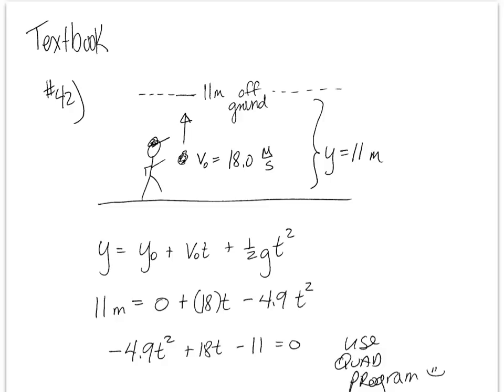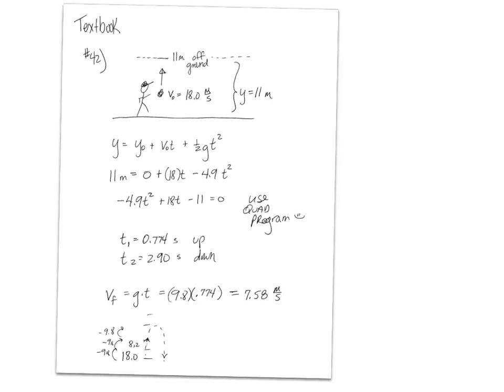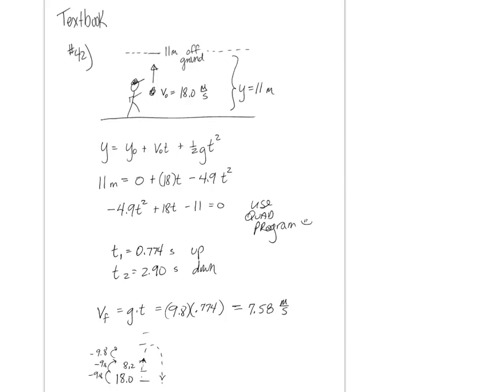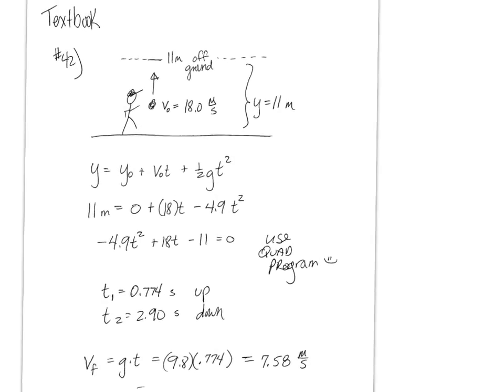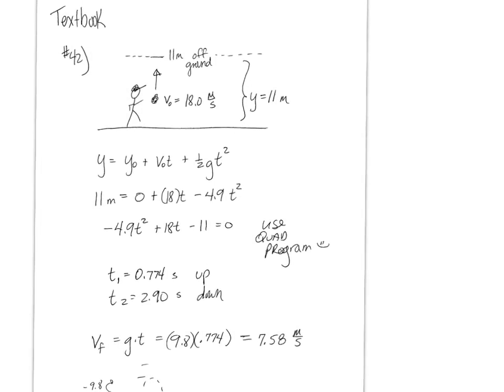Now we're on to the textbook problems. If you want to go ahead and get out your textbook, you can see that number 42 in your textbook is very much like the toilet paper problem that you just solved prior to this. So I will let you take a look at this, and remember that you can use your quadratic formula program to solve for that. It's the same thing.